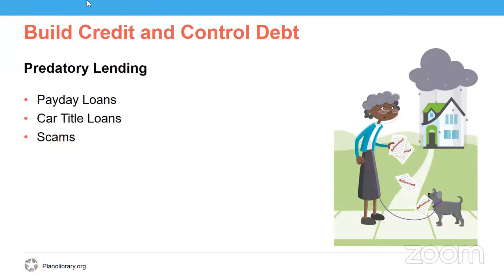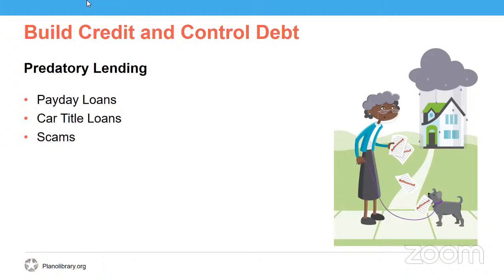Now, predatory lending, this is interesting. Emergencies do happen, and this is the prime time that predatory lenders take advantage of those without financial resources or knowledge. Predatory lending can take different forms such as payday loans, car title loans, scams, and so much more.